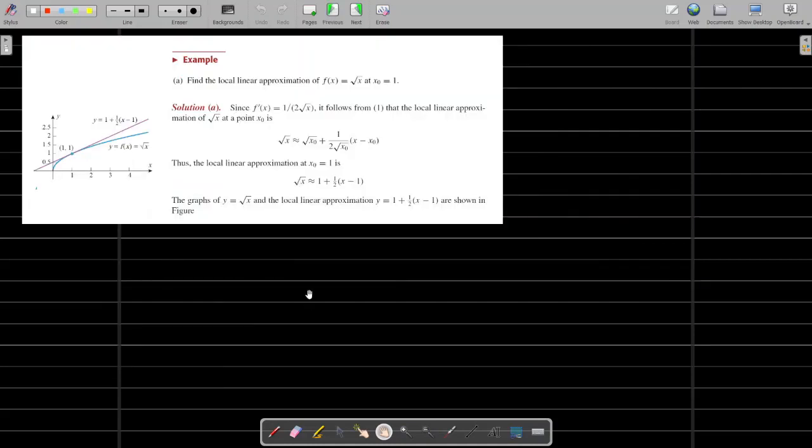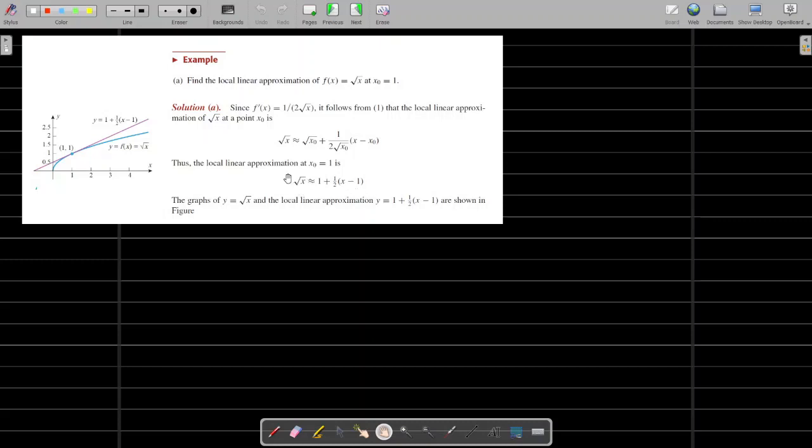Now we will move on to functions of several variables. But before that, just look at this example here. Here we have written down the local linear approximation of root x. Function of one variable is not part of the syllabus, but we are just discussing that in a go. So f of x equal to root x. The local linear approximation will be root x is equal to 1 plus 1 by 2 into x minus 1.